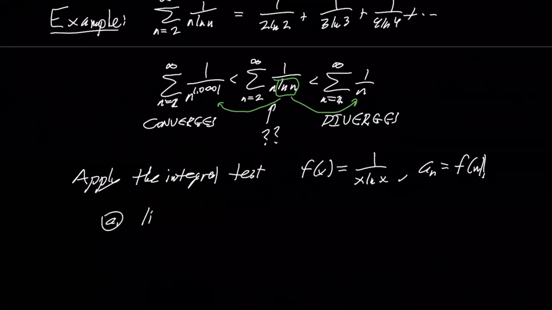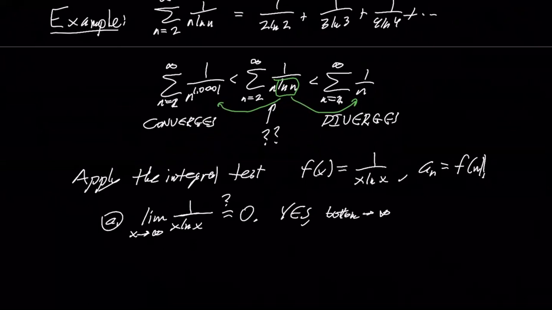Does the limit as x goes to infinity of 1 over x ln x equal 0? And the answer is yes, because the bottom is getting bigger and bigger. The denominator is going to infinity, so the fraction goes to 0. And is it decreasing?